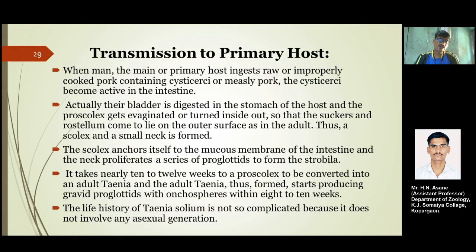So how is the infection transmitted to the primary host, that is man? When man ingests raw or improperly cooked pork containing the cysticerci, or measly pork, these cysticerci become active in the intestine of a human being.